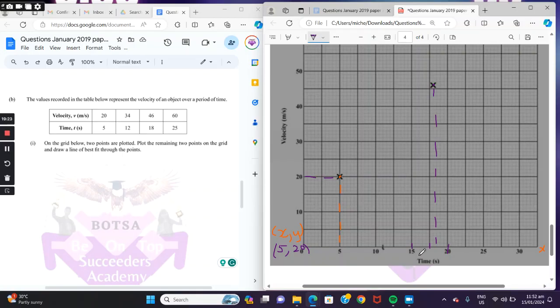Check how many small boxes are between them. There are 5, 1, 2, 3, 4, 5, 6, 7, 8, 9, 10. So that means every 2 boxes is a number. So here is 16. The next 2 boxes will be 17. The next 2 boxes coming down here will be 18. So that line coming down is where x is 18.